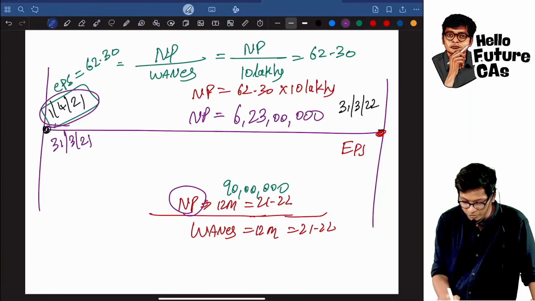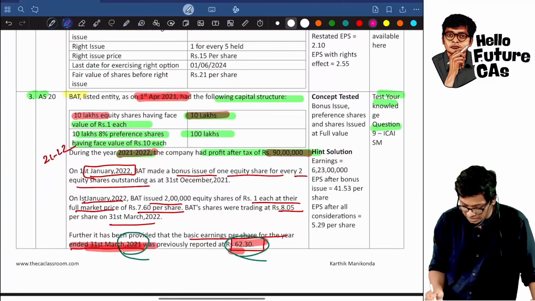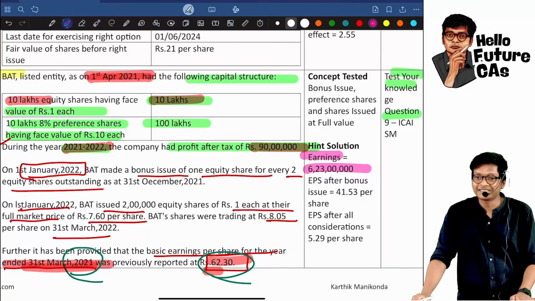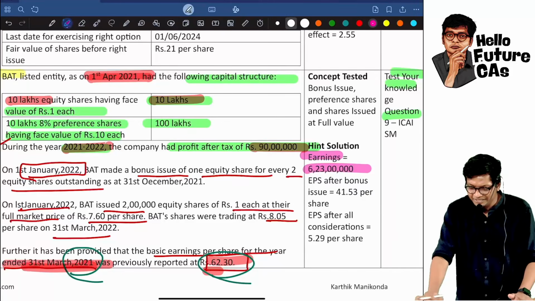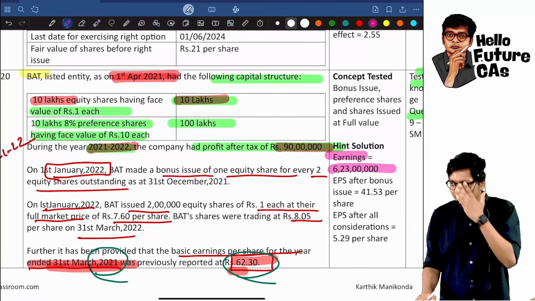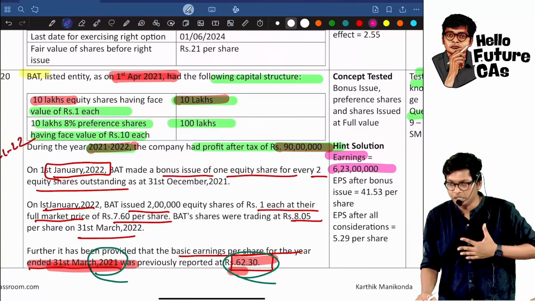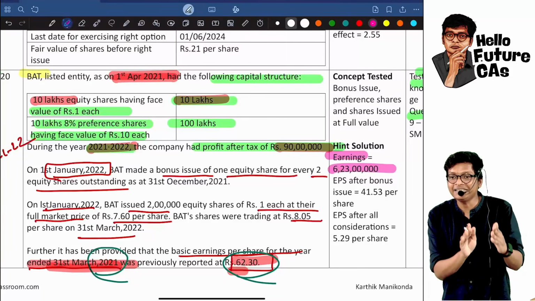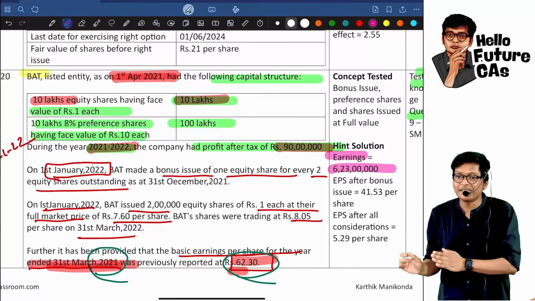Why am I computing last year's net profit? Let me just check the answer. Yeah, correct. Earnings is 6 crore 23 lakhs. Are you following? Okay, sir, why am I computing this? Remember, exactly, Harita got it right. In the EPS chapter, when you're reporting, you should always report current year EPS with previous year EPS.